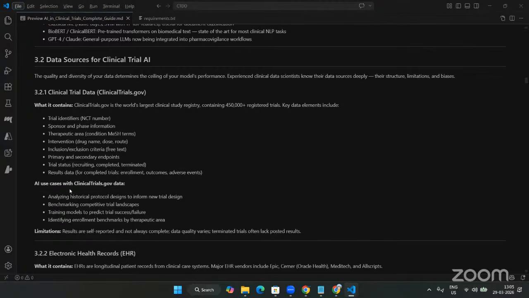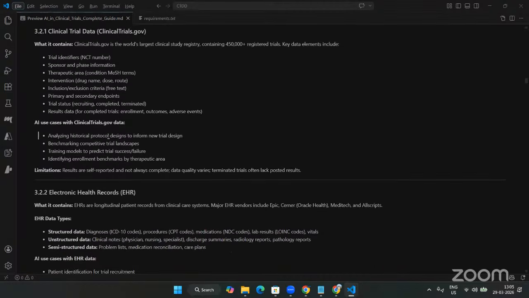AI uses with clinical trial data include analyzing historical protocol designs to inform new trial design, benchmarking competitive trial landscapes, training models to predict trial success and failure, and identifying enrollment benchmarks by therapeutic area. The limitations are that results are self-reported and not always complete. Data quality varies, and terminated trials often lack posted results.